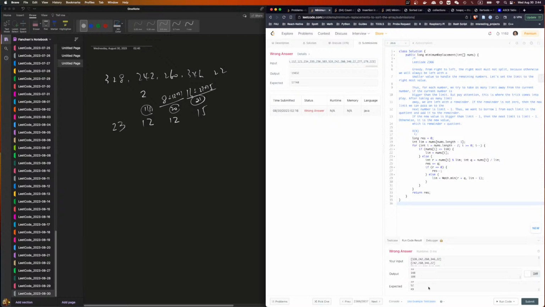Look at the last one. We set it 22. The last one. Expected is 49. What in the world? How is that even possible? Like, seriously, this is probably the most outrageous.